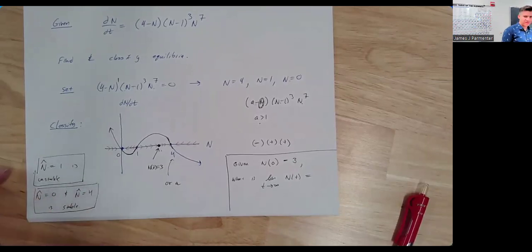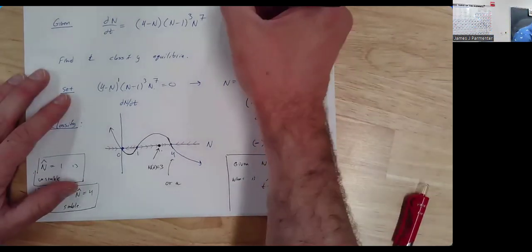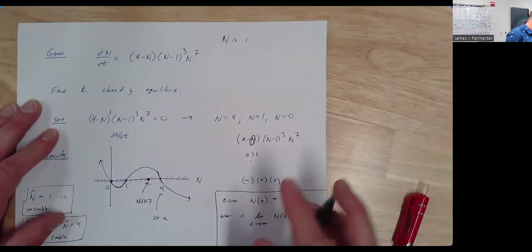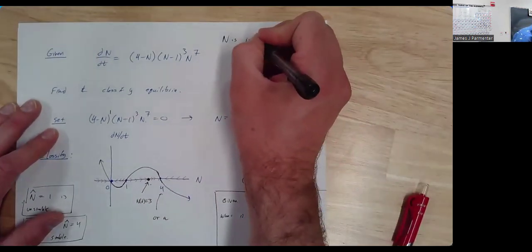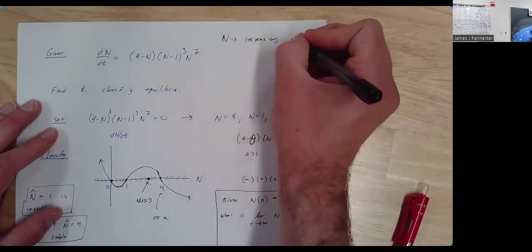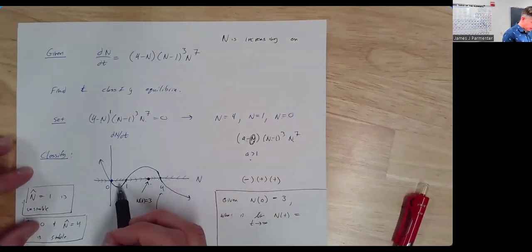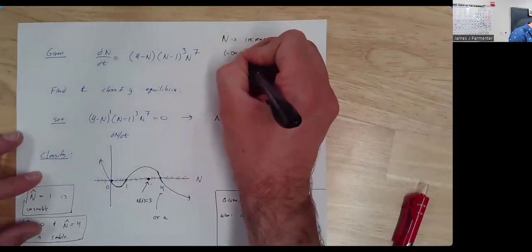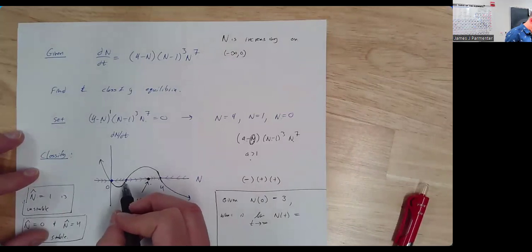But if someone asked where n is increasing or decreasing, definitely we can say that n is increasing on the intervals where dN/dt is positive. So it'd be increasing on the interval from negative infinity to 0 and from 1 to 4.